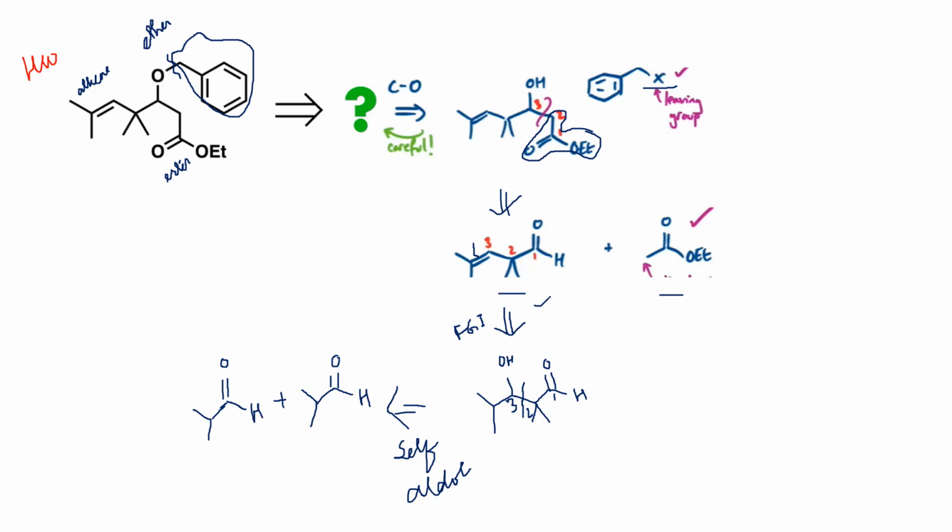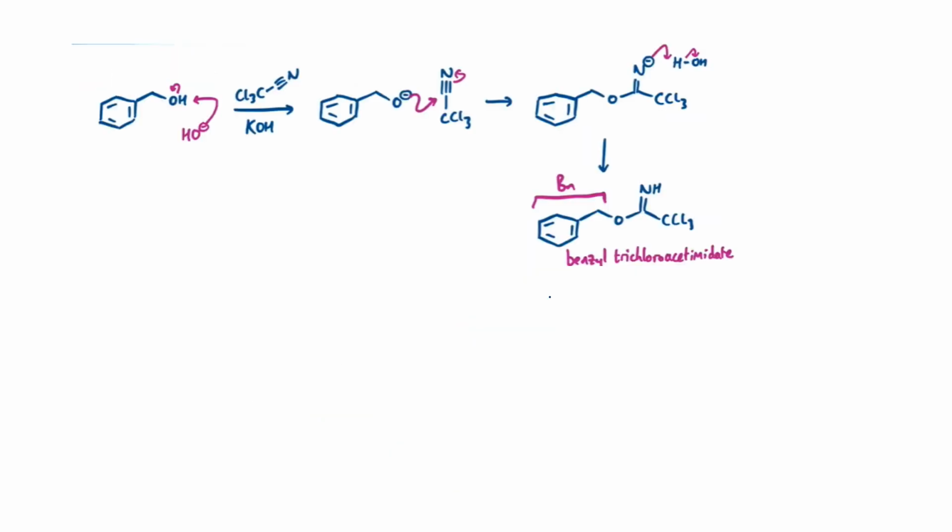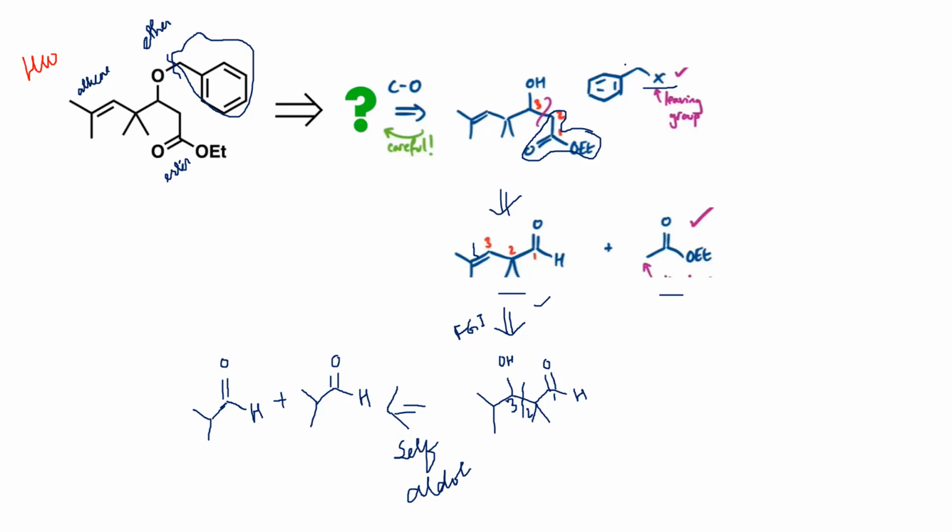Okay. So if you predict the forward synthesis of this compound, before that we have said that there will be a benzyl group. Now this can be a benzyl bromide or a benzyl alcohol.